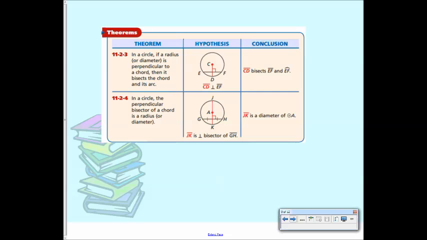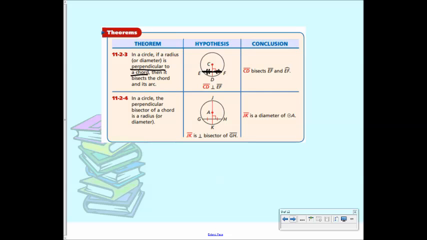So if this is perpendicular, then what can you tell me about this and this? These are the same. Okay? So it bisects that. And then backwards, if these two are equal, then you know that these two things are perpendicular. So it makes 90 degrees. Yes. The two pieces equal each other.